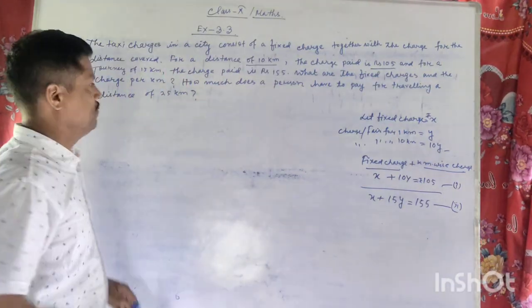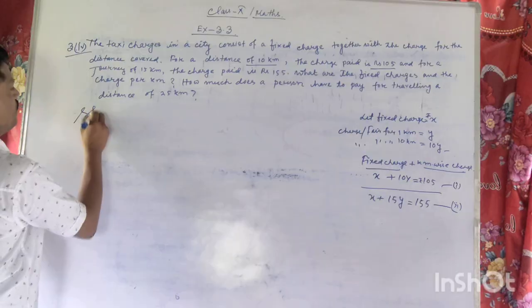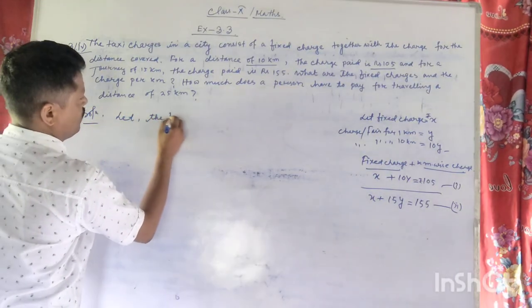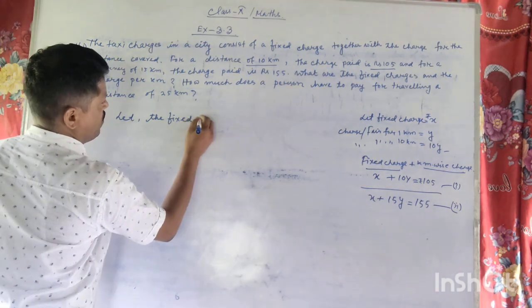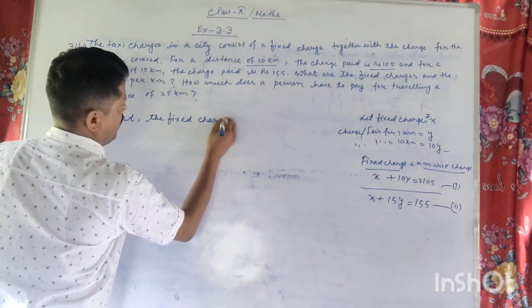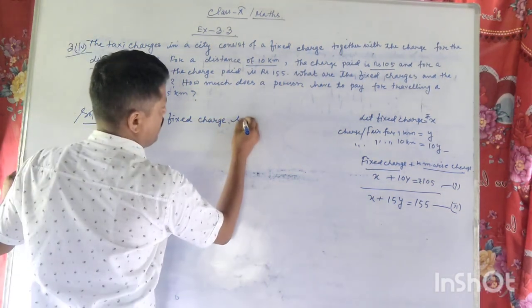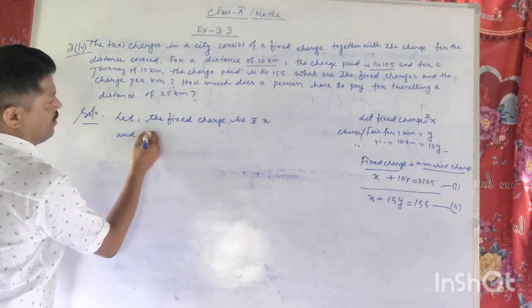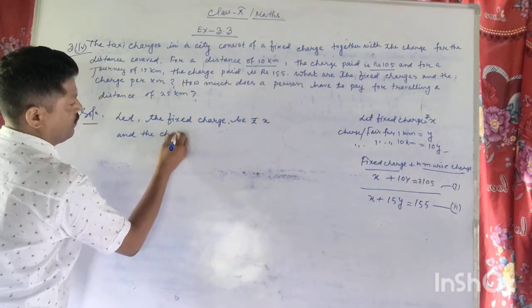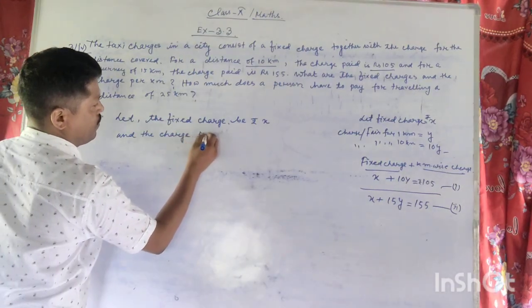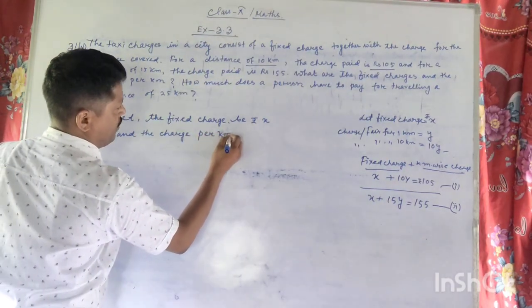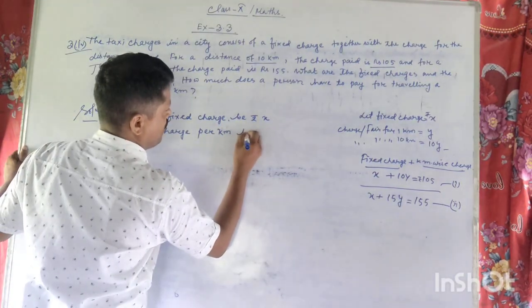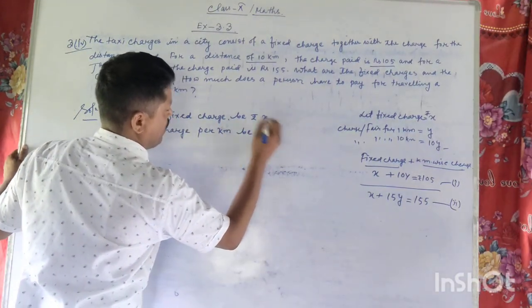Let's now start. Let the fixed surge be rupees x and the surge per kilometer, or 1 kilometer, be rupees y.